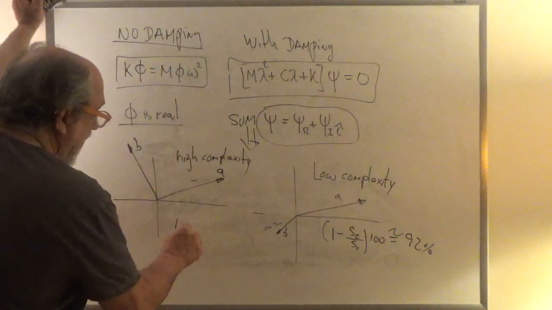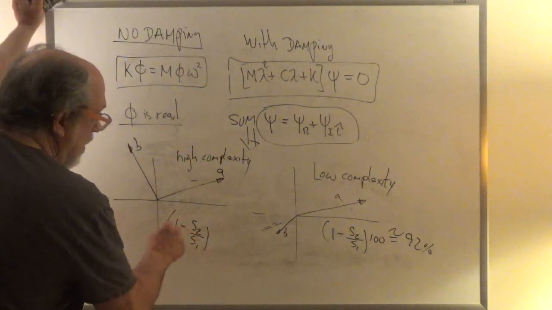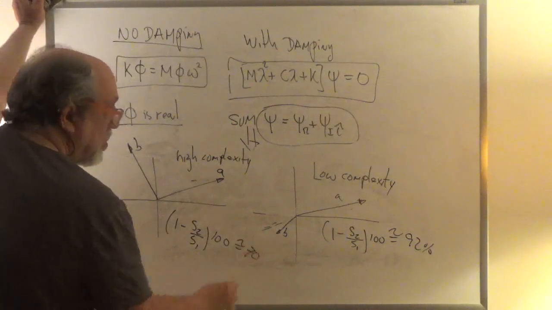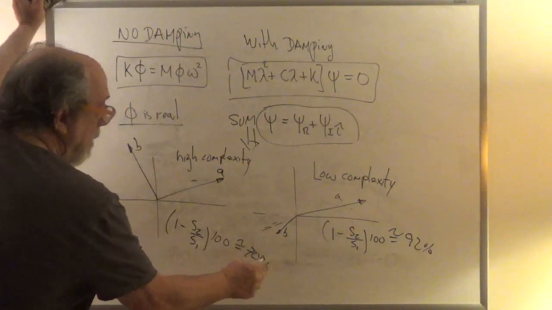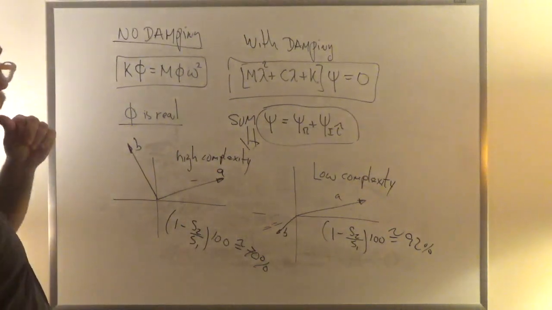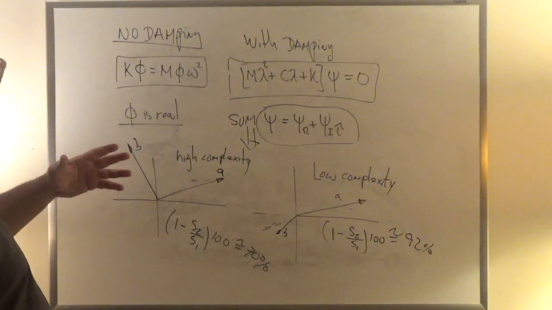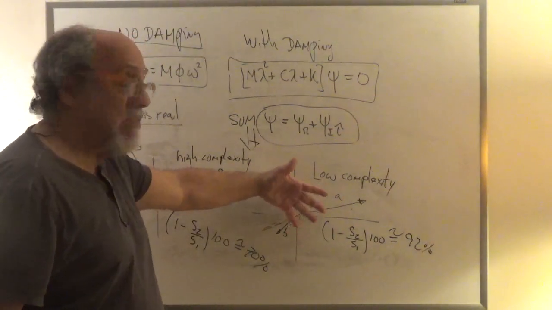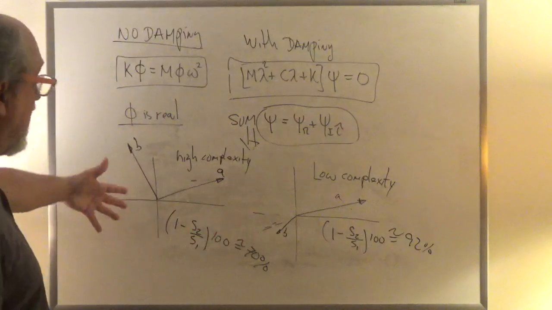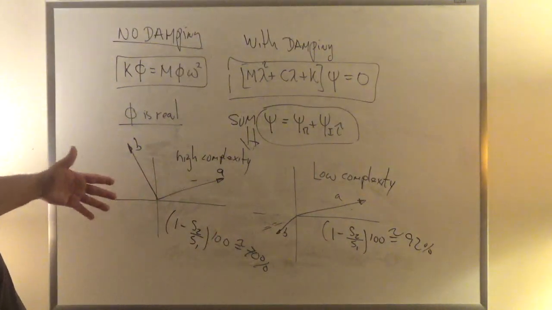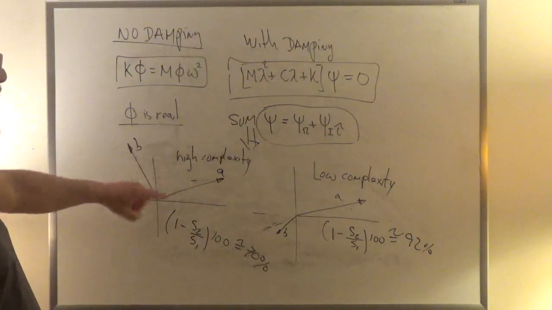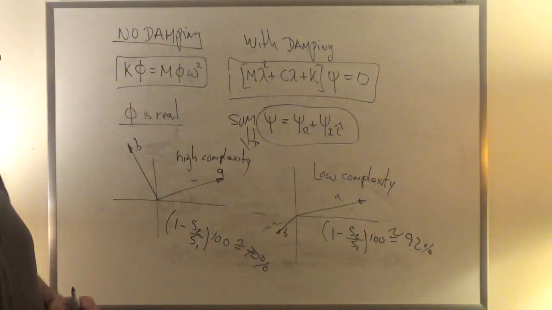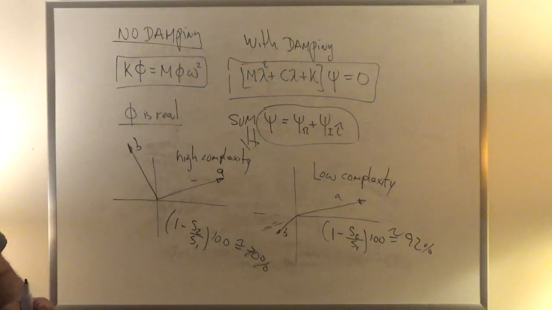And in this case, I don't know, I'm just making these numbers up, but if we were to calculate this index, maybe we would get 70 or something like that, right? Now, if we are doing system ID, we would tend to say that this one is probably physical, but this one is probably not physical, because we do not expect such high complexity in physical systems, unless the modes have close frequencies.